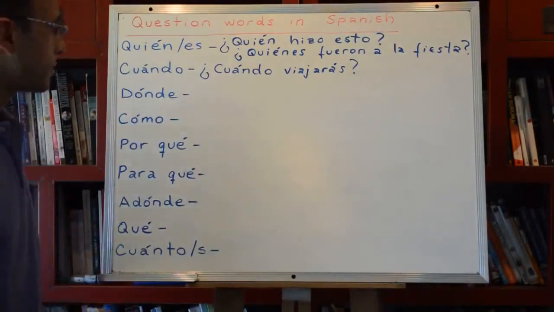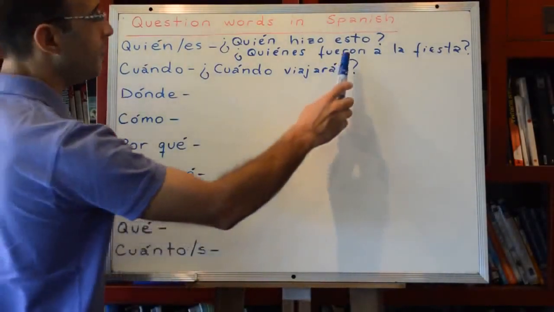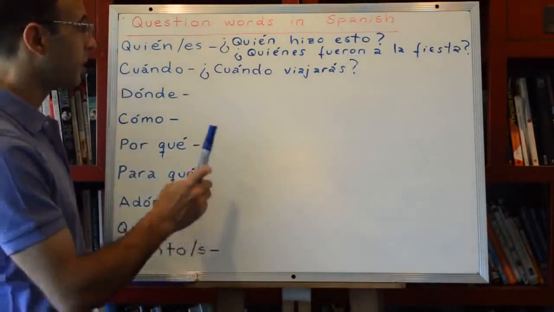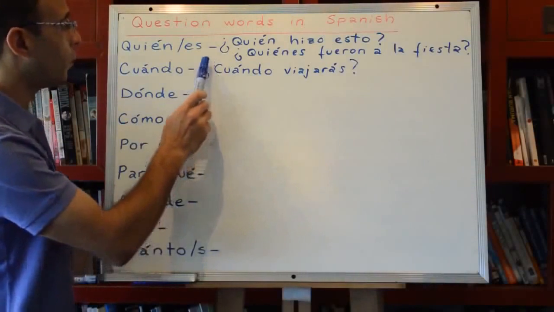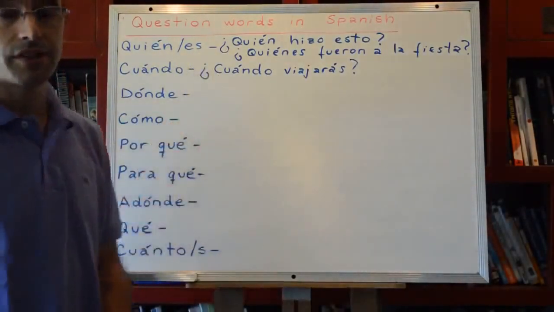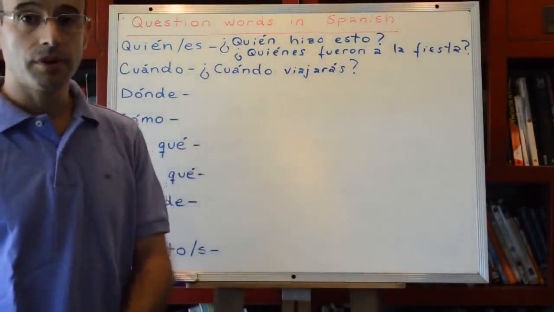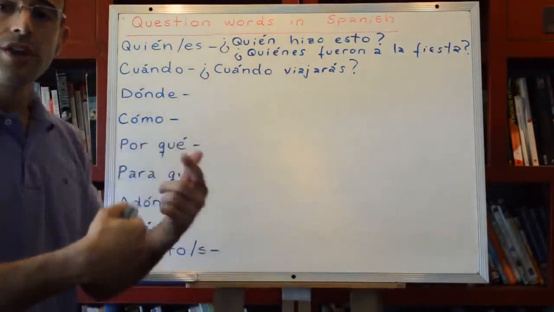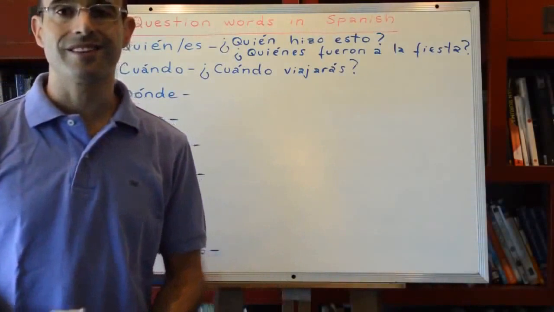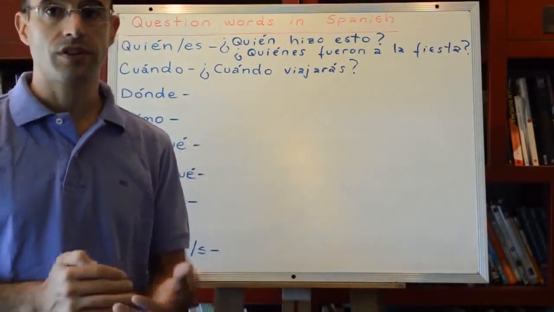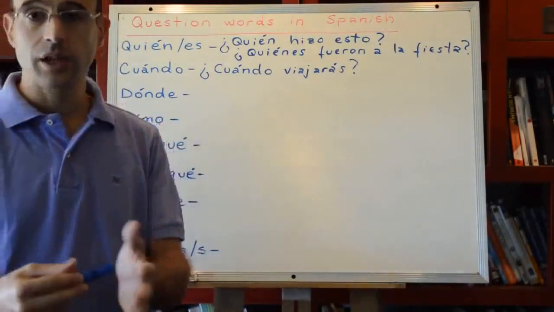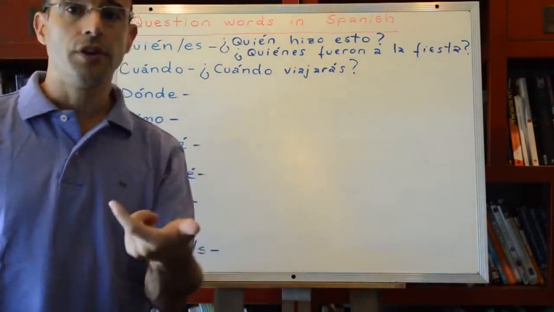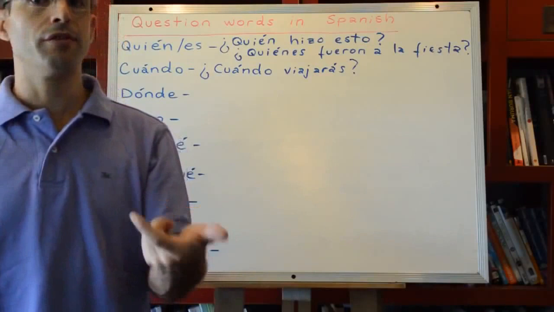Remember, in Spanish, we not only use the closing question mark, we also use the opening question mark at the beginning of the sentence. This is important because we do not change the structure of the sentence in question sentences in Spanish, okay? In English we do. In English we invert the order of the subject and the verb, right?